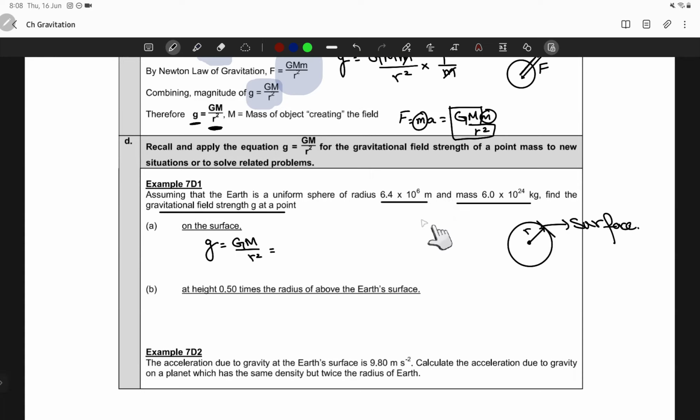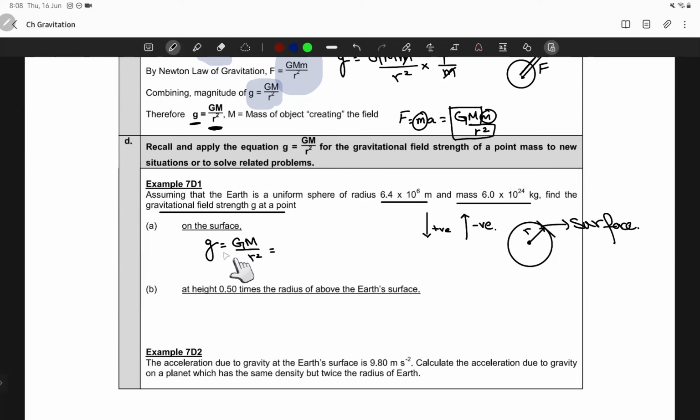So in this problem, let's say we choose that downwards is positive and upwards is negative. In that case, there will be no negative sign in this expression, because the gravity of the Earth attracts things down to the Earth. So if downwards is positive, we'll not put a negative sign here.